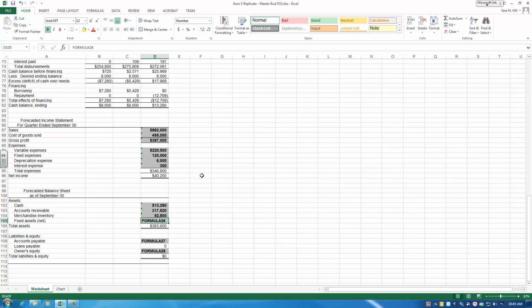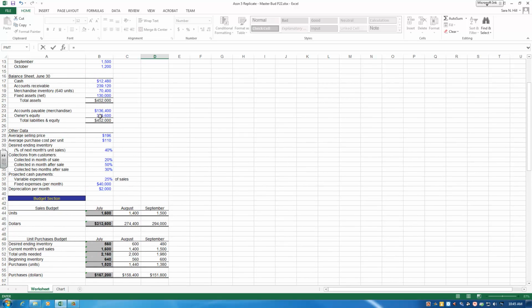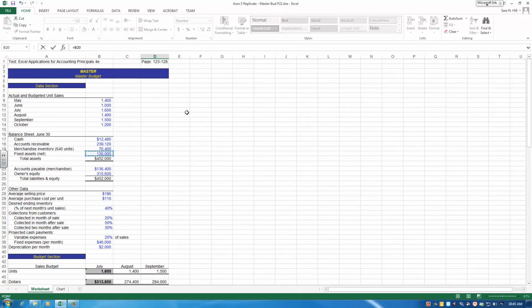And moving on to fixed assets. Fixed assets, we have a beginning fixed asset value, and then we also have what we have expensed in depreciation. Okay. So let's start our formula out here. Go way up to the top. Here's our beginning fixed assets as of June 30th. Okay.